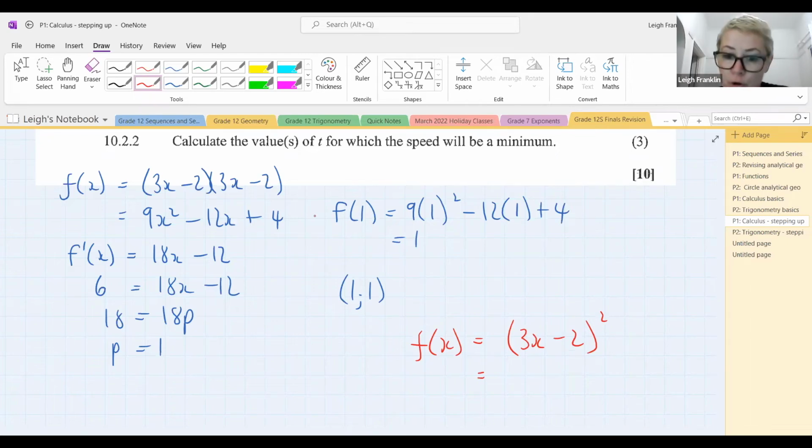So square the first term. So 3x times 3x is 9x squared. To get this middle term over here, we multiply the two terms together and then double it. So that's going to give us minus 6x doubled. That's what gives us the minus 12x. And then it would be the plus 4 at the end. Okay.